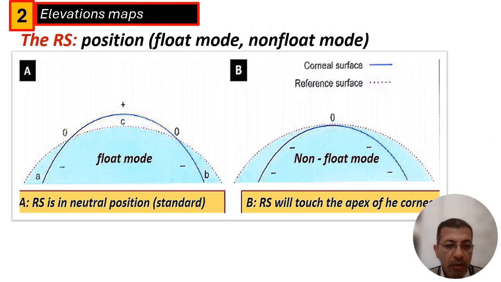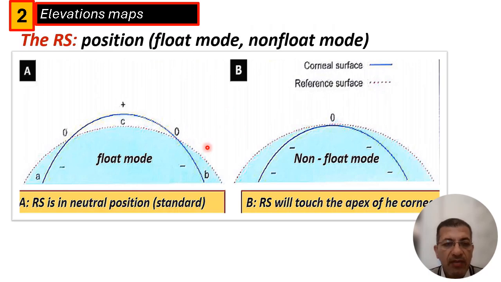As we spoke about before, the elevation of the cornea is assessed in relation to the reference surface, and we have different types of reference surface. The most common and standard method is the best fit sphere.